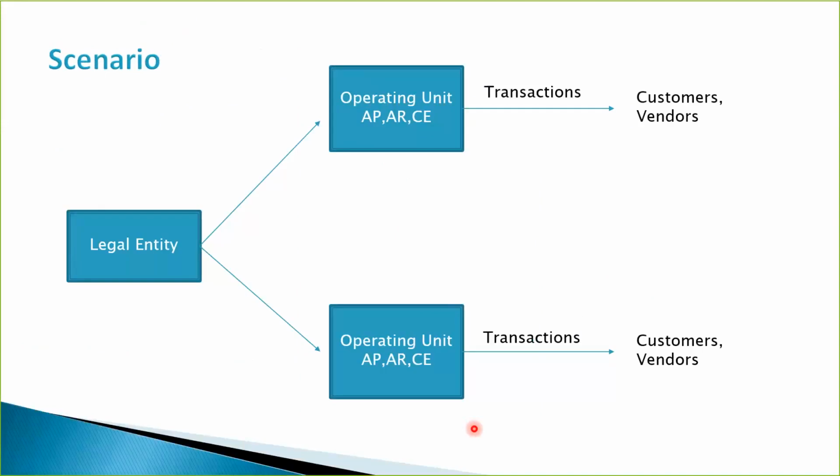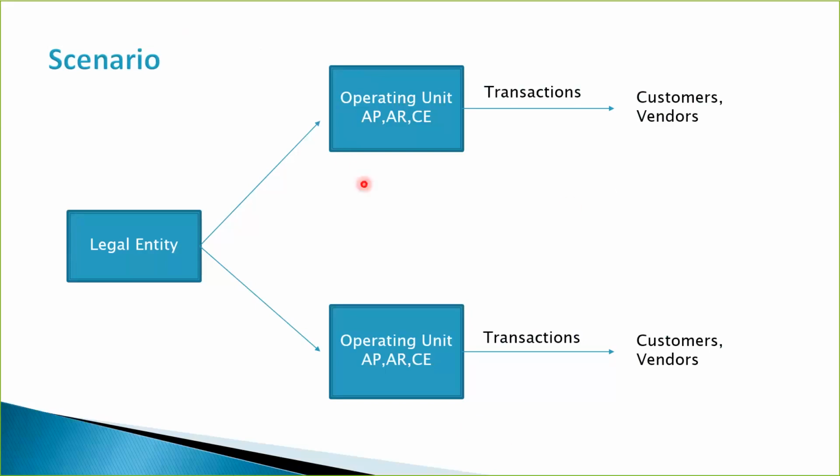We talked about the operating unit, and we said that the operating unit is basically an organization which uses sub-ledger modules, such as AP, AR, cash management. We also have purchasing and order management.